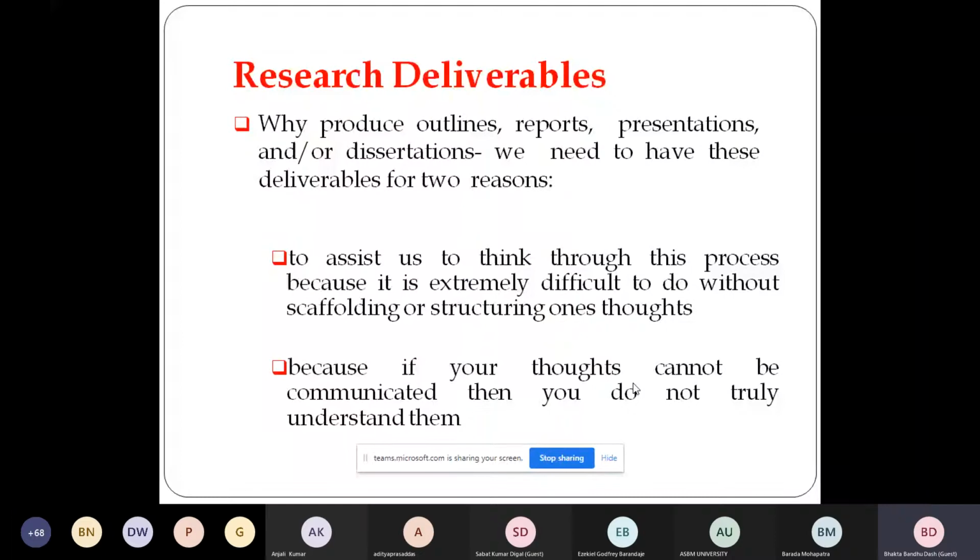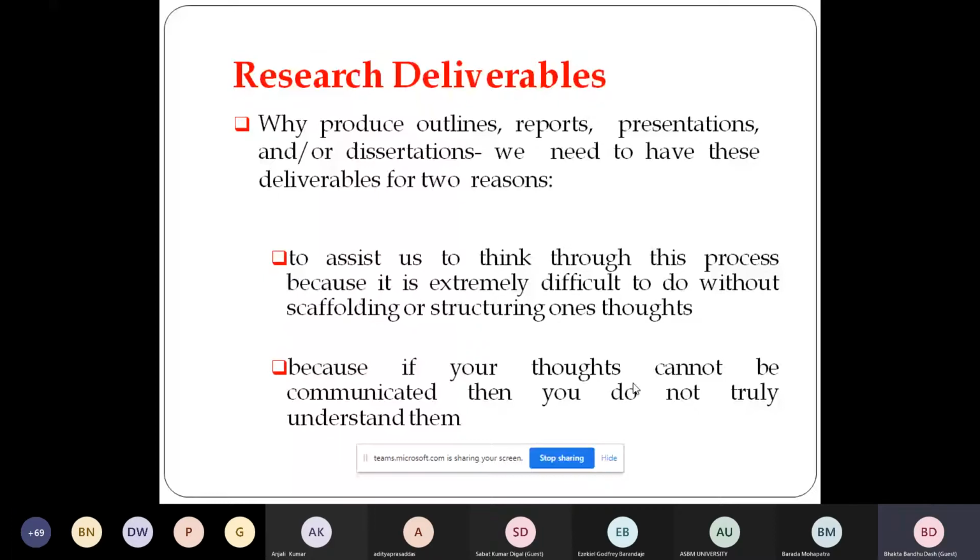The second one, because if your thoughts cannot be communicated, then you don't truly understand them. So it is a necessity to scout your thoughts, and you need to communicate to others about your research ideas.